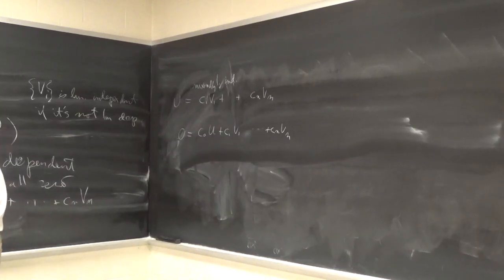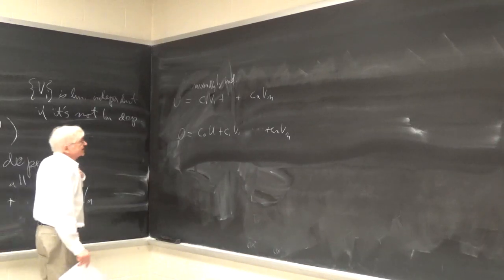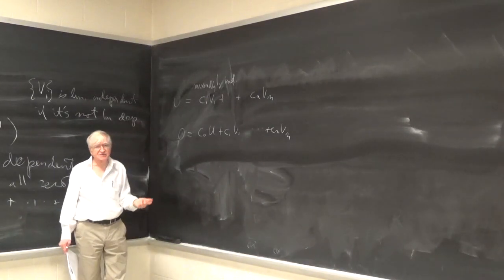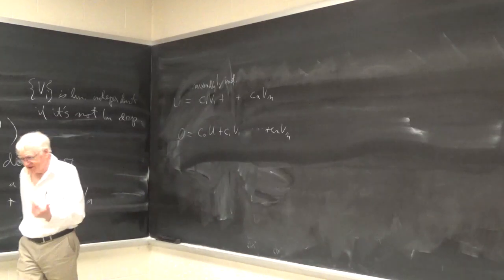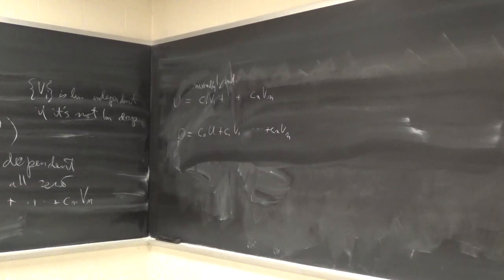So basically a maximal set of linearly independent vectors is complete in the vector space, and the number of vectors in a maximally linearly independent set is the dimension of the space.